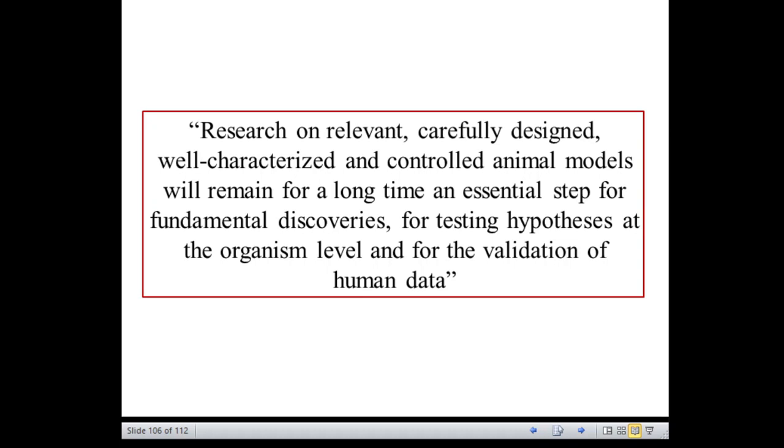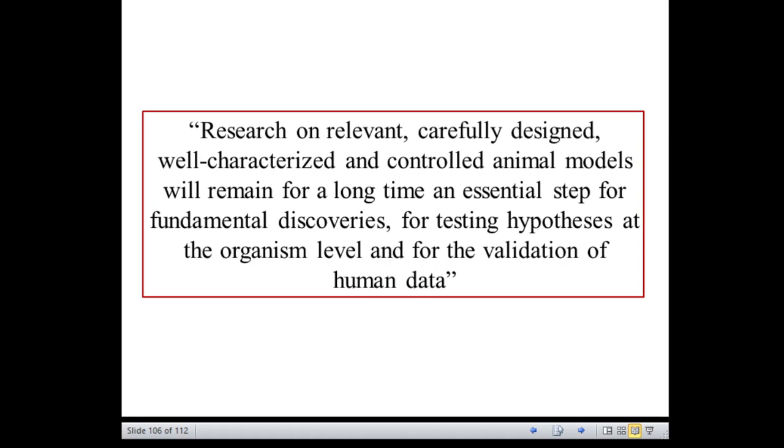And if you have a hypothesis, you can test the hypothesis, and also validate the data that has been obtained from various research so that it can be translated to humans.